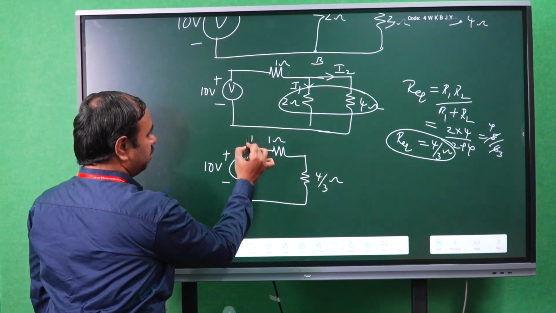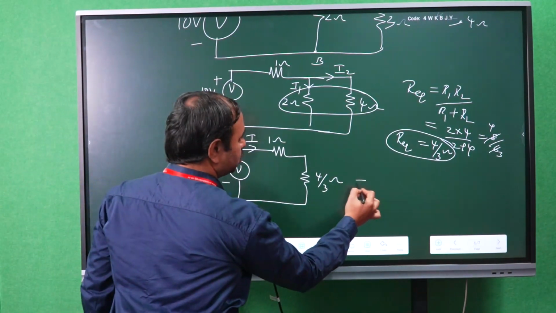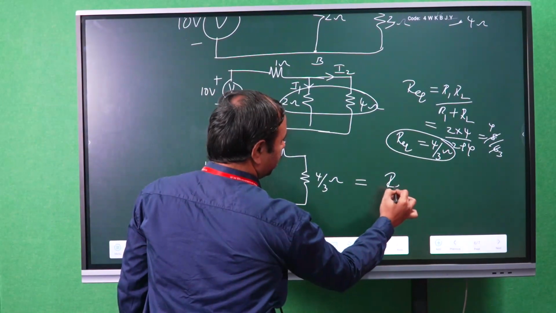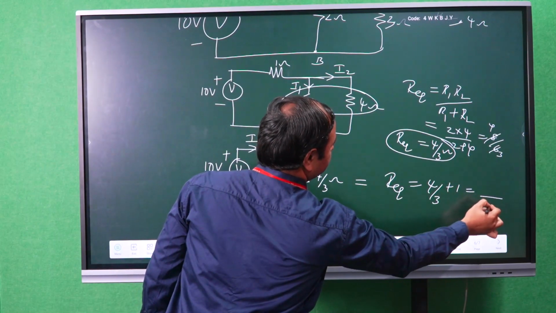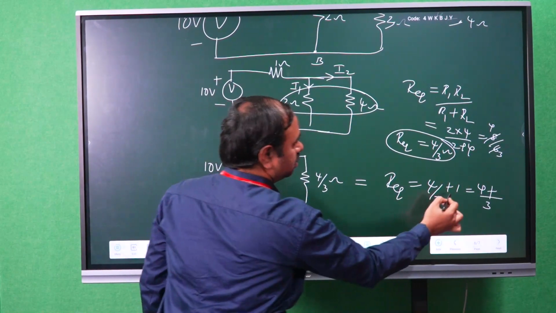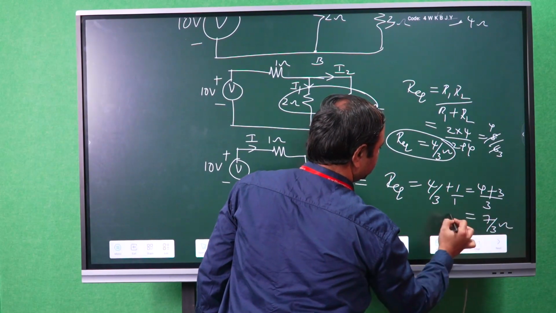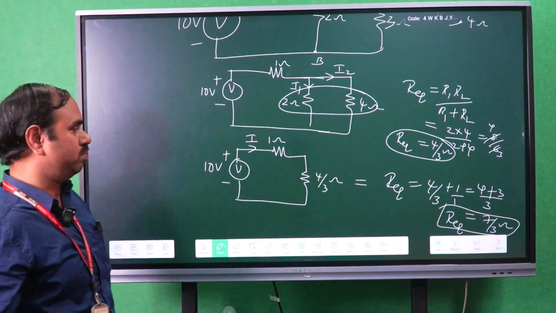Now the same current is flowing in this, therefore add these two resistances. So R equivalent becomes 4 by 3 plus 1, which is 7 by 3 ohms.